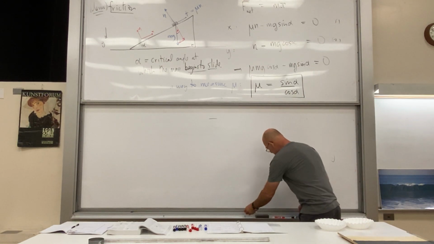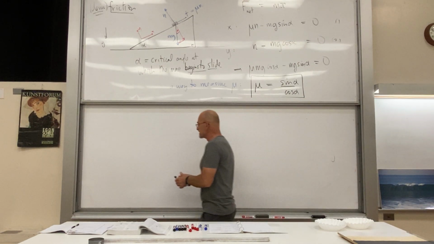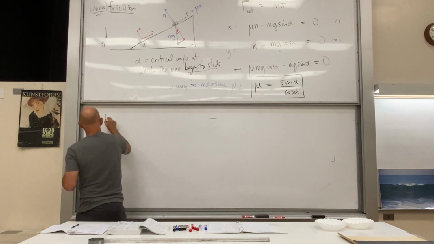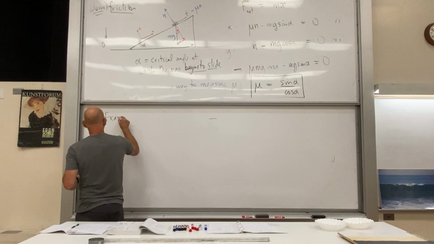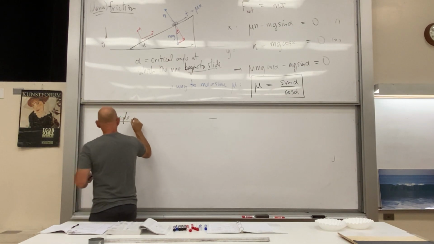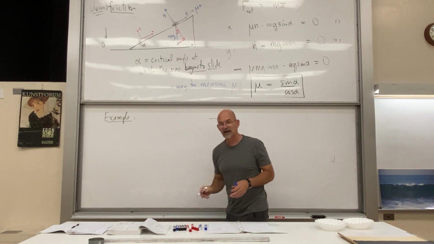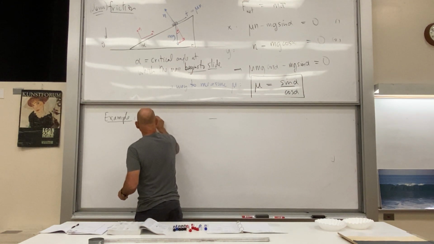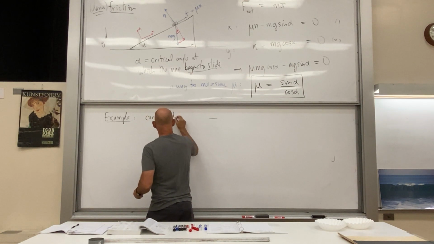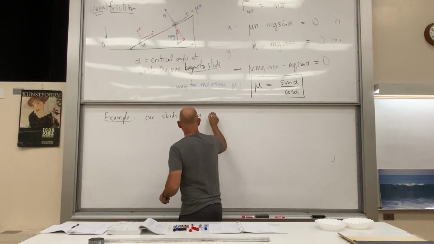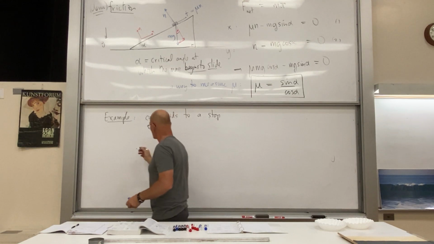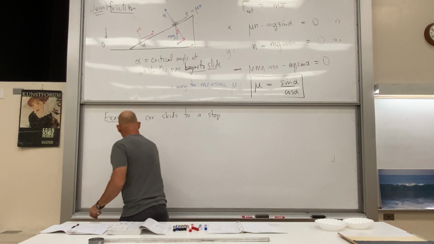So let's call this example, this friction example, you know, a car locks its brakes and comes skidding to a stop, for instance. Car skids to a stop. And draw our funny little picture.